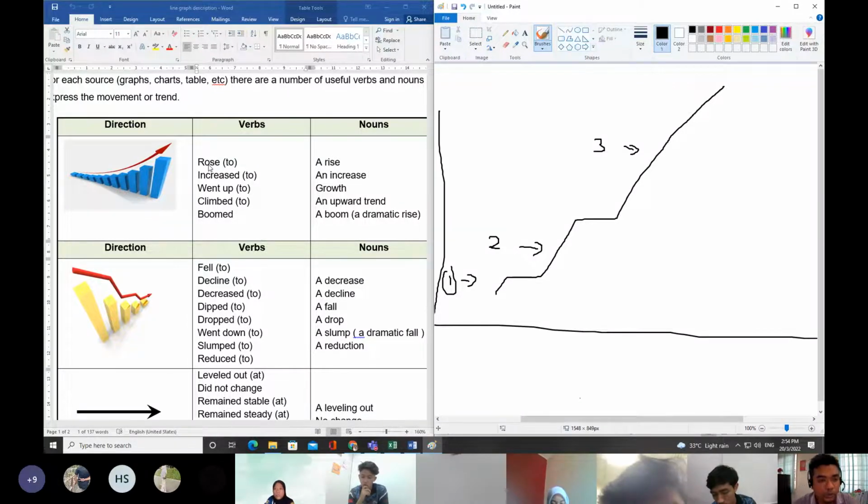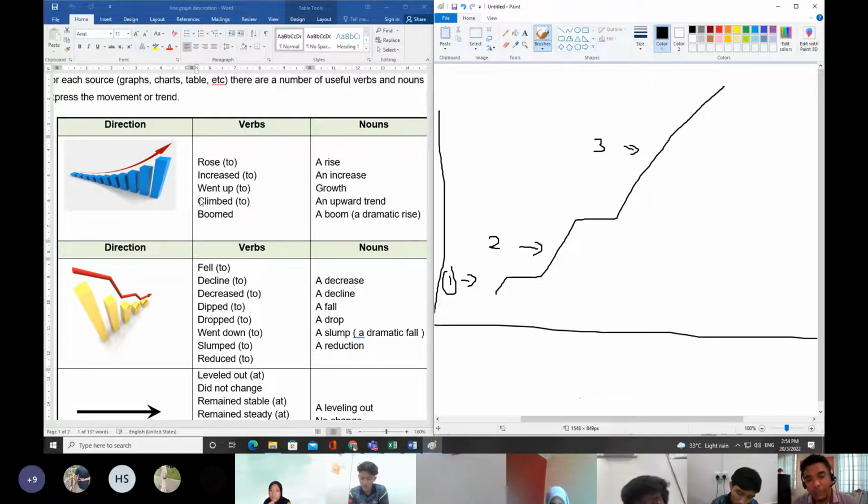So the word rose, or from the word rise. Okay, rose, meningkat. So rose can be used in which situation? Number one, number two, or number three? The data rose to 20%. The data rose to greater heights. The data rose to an unbelievable height.